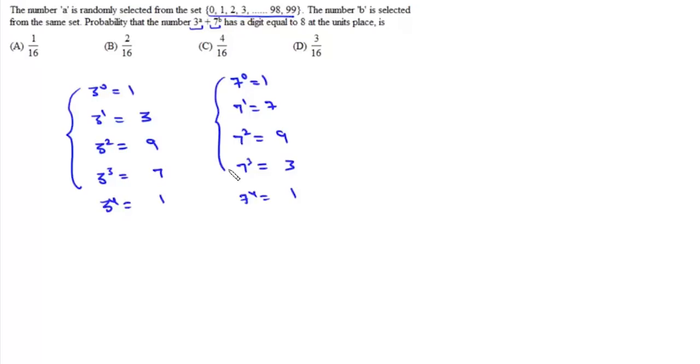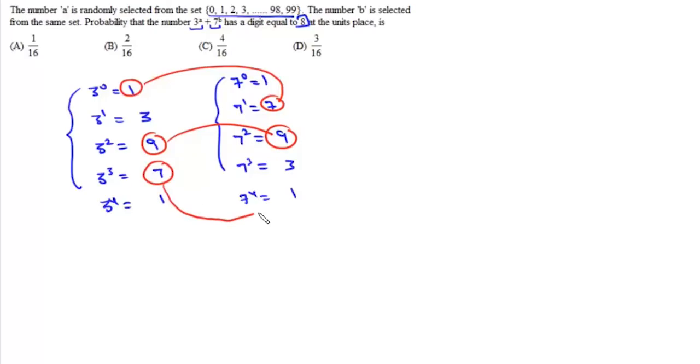Now it says we need to find the probability that the number has digit equal to 8 in the units place. Now we'll get 8 in the units place if we choose 1 here, and then correspondingly we have 7 here. If we choose 9 here and we take 9 from this, or if we choose 7 from this and we choose 1 from this.